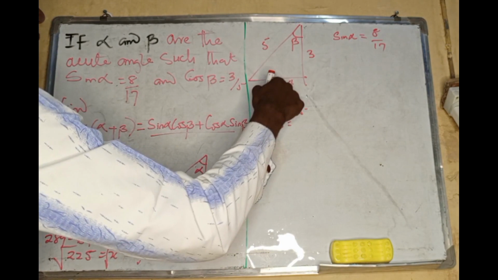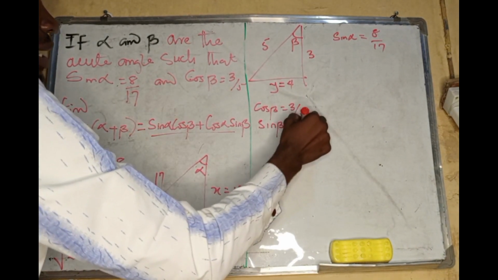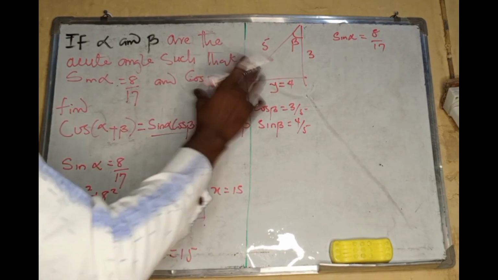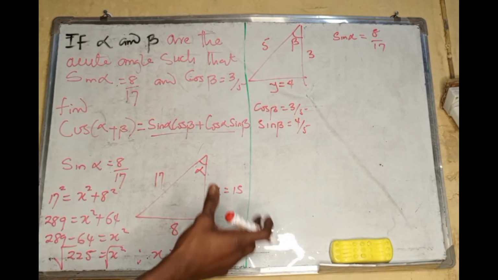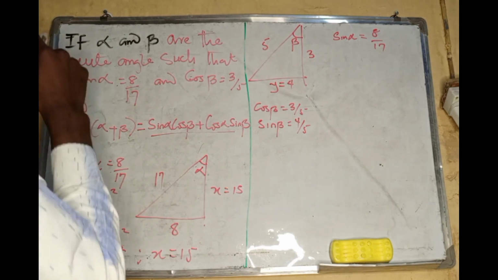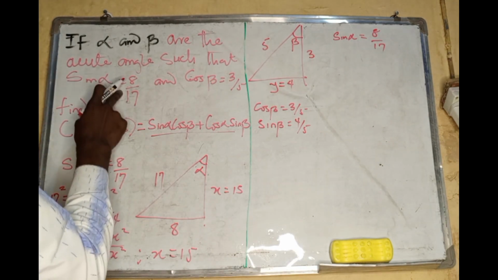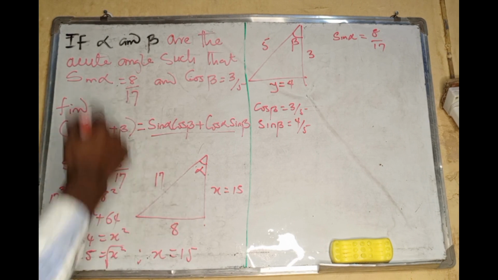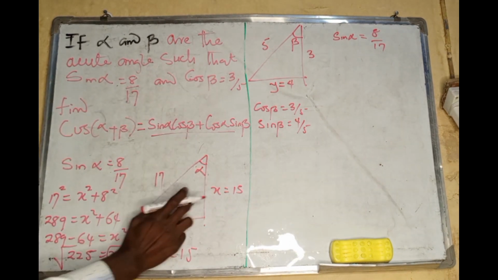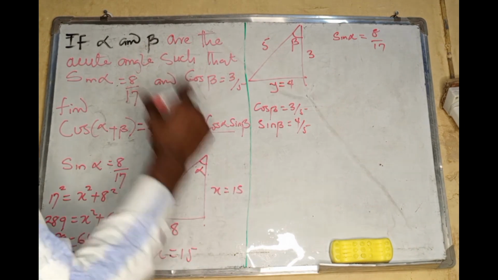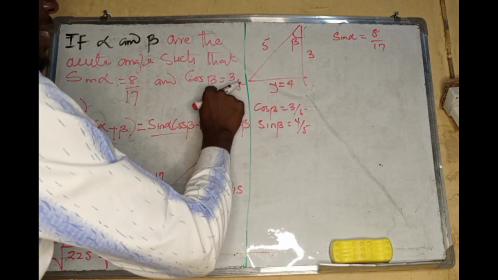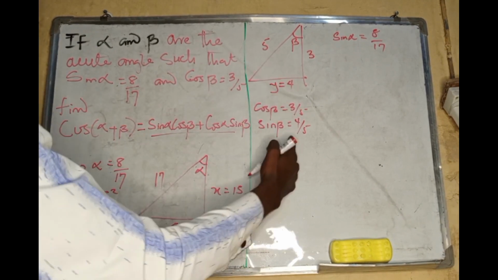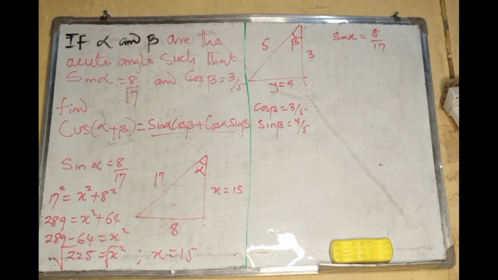Sine is opposite over hypotenuse, is 4 over 5. Okay, so now we created this diagram to be able to get the other counterpart. Is that clear? Now for instance, we have only sine alpha here, so to enable us get cos alpha, we have to establish something like this or use the formula method. So in this case, we have cos beta to be 3 over 5. To be able to get sine beta, we have to establish this to be able to get this. Is that clear? So good and fine.